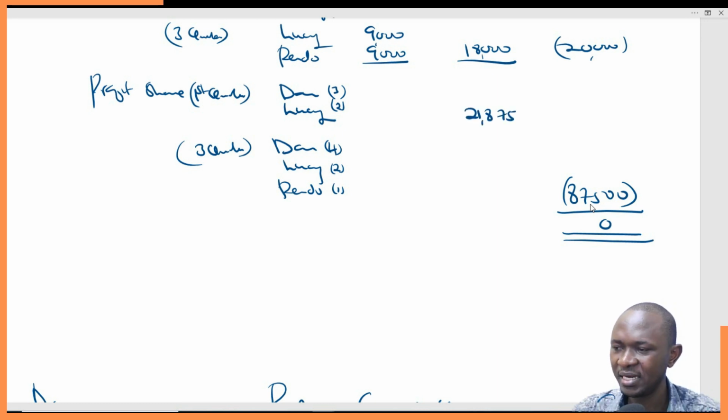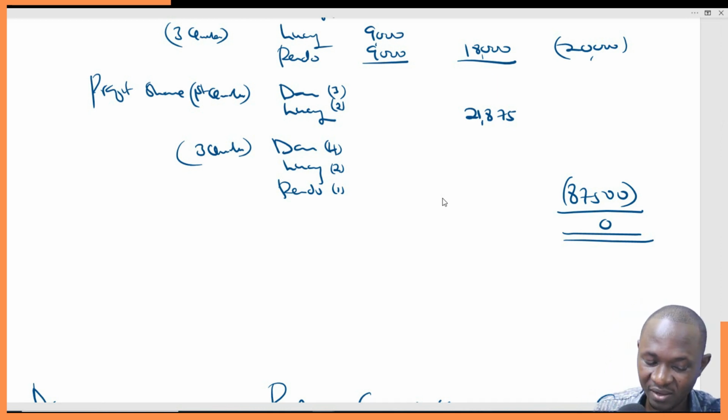So the first 3 months will give us 21,875. And the remaining 9 months, in fact we can just work it out, will be 87,500 times 9 months divided by 12. This gives us 65,625.